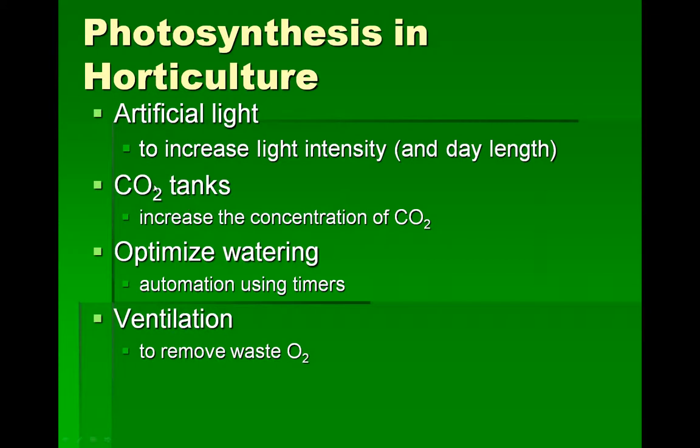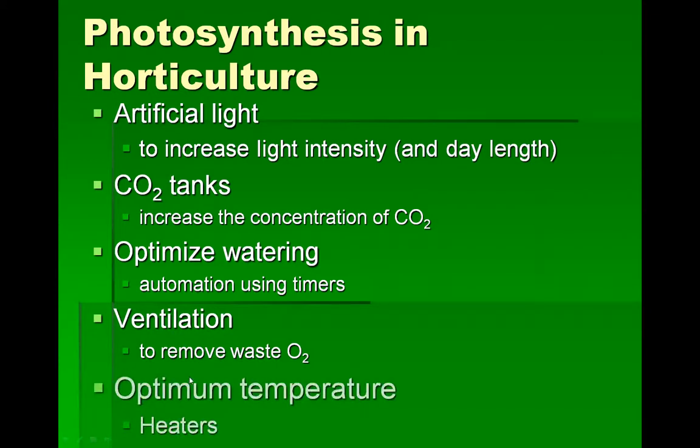Even if you weren't using carbon dioxide, you would want to be removing the waste product, the O2, that's going to build up, increase in concentration and therefore effectively reduce the CO2 concentration inside your greenhouse. So you want to be removing that, but in general in a greenhouse you would also want to be bringing in fresh air containing carbon dioxide, which the plants would need. Now, if you're supplementing with CO2, then you're really concentrating on removal of the oxygen.